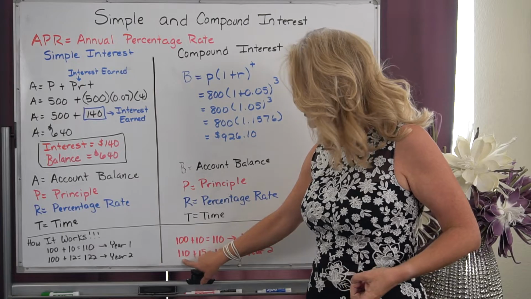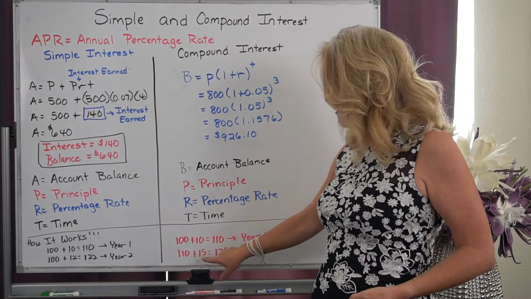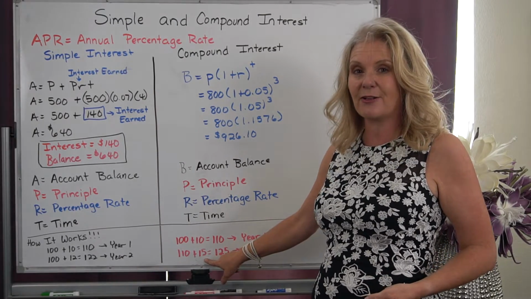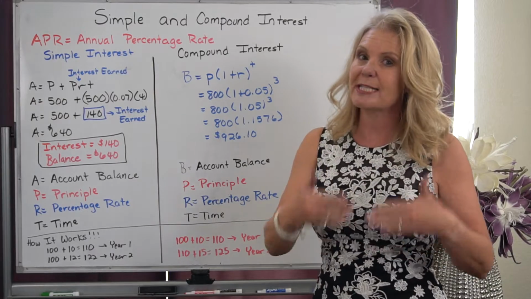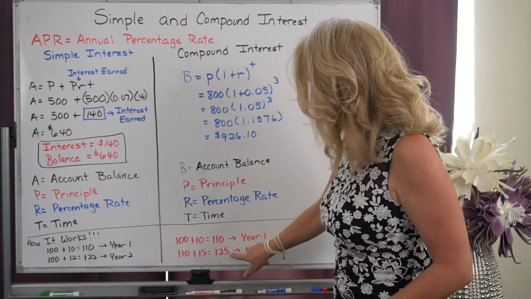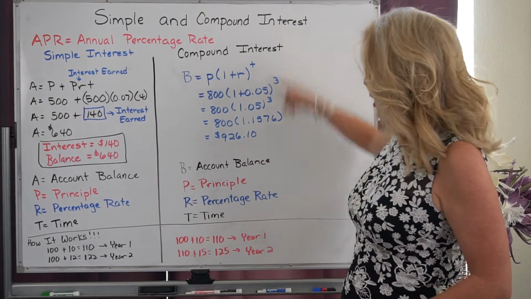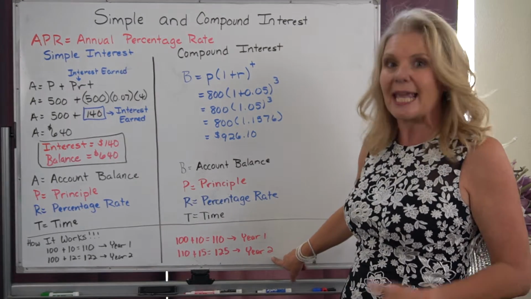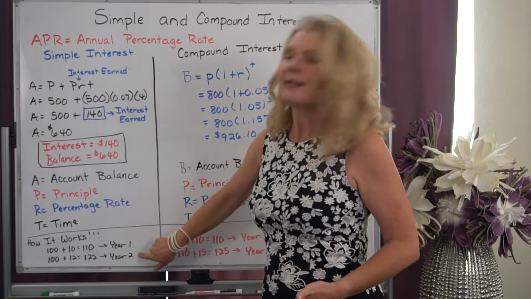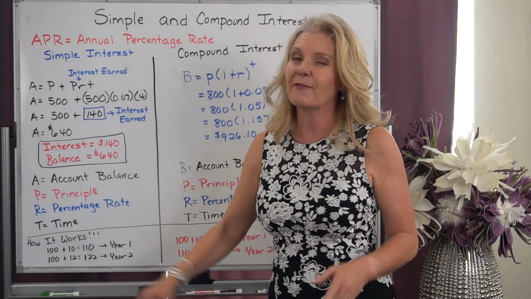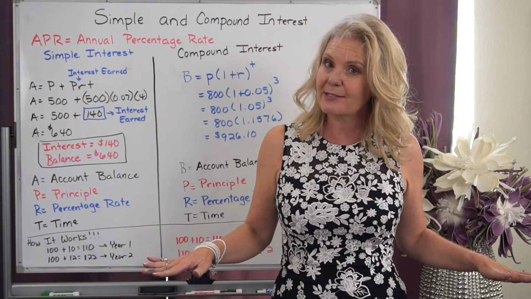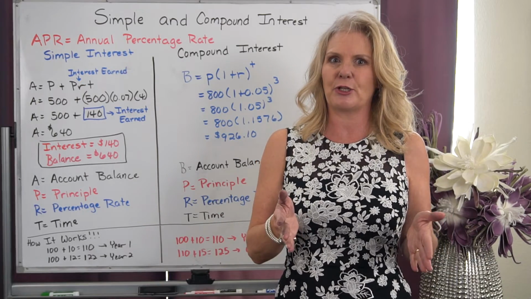And in year 2, then I have my $110 and I add another $15. So I just made interest on my interest and I'd end up at $125. So notice in compound interest, you gain interest faster than in simple interest. So if you can get your money in a compound interest account, that's what you're going to want to do.